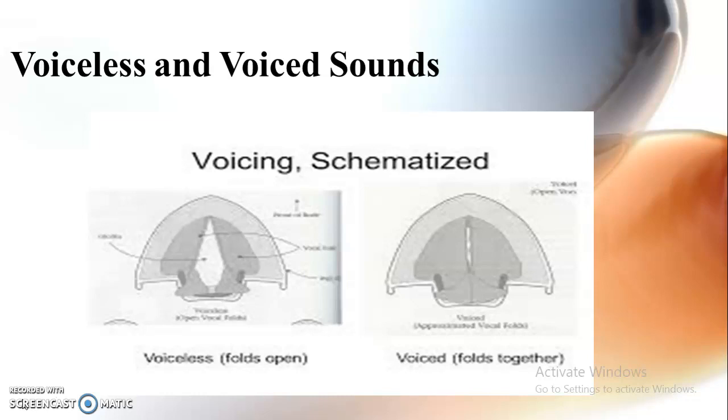Whereas in the next picture you can see that the vocal cords are placed very close to each other. Now the air, when it passes through these closely held vocal cords, what happens? It vibrates. In this way you have the voiced sounds.